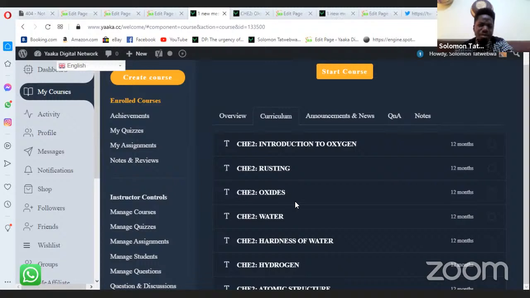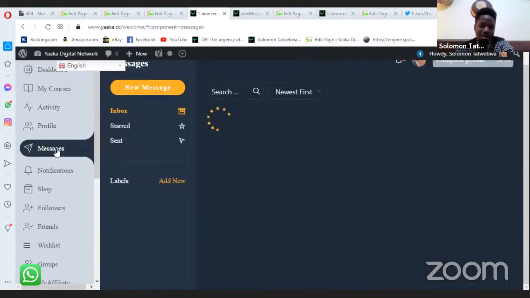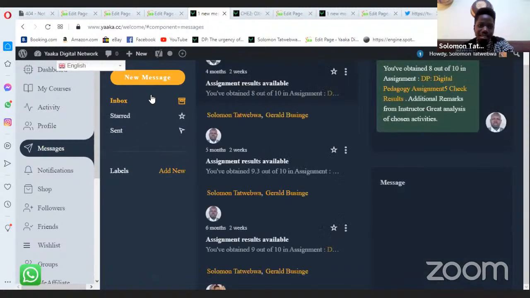Now, when I give you assignments or activities that are not in this system, the way to submit them is to go here in messages. When you go to messages, you can create a new message.